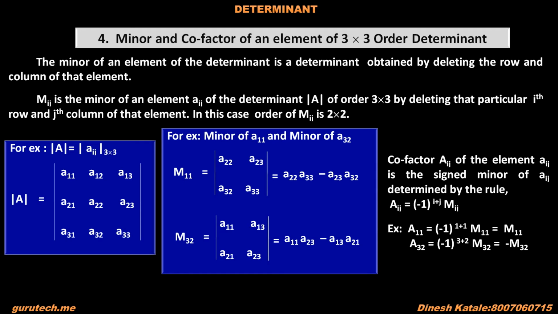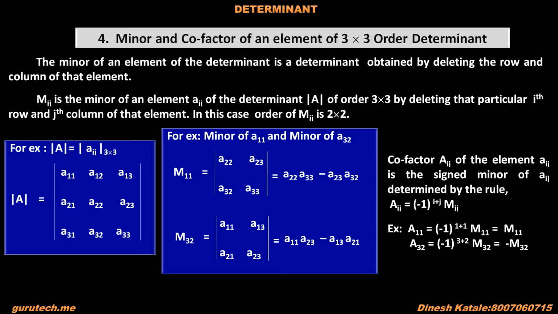For example, capital A11 is the cofactor of the element small a11, and its value is equal to minus 1 raised to 1 plus 1, first row, first column, so minus 1 raised to 1 plus 1 into minor M11. Since minus 1 raised to 1 plus 1 means minus 1 raised to 2, even power means positive sign, so its value is equal to positive M11.